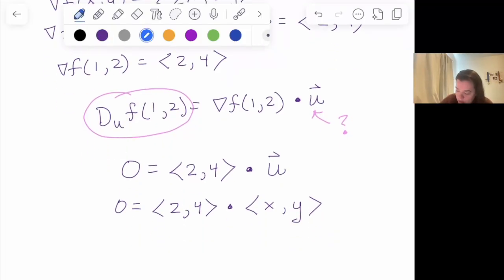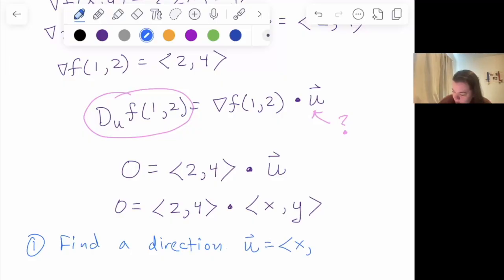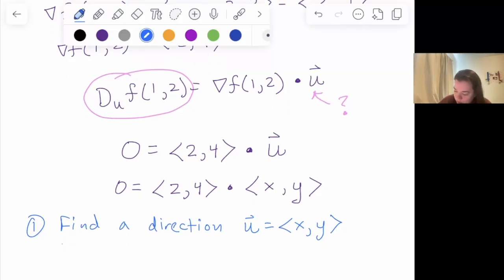So your first thing is to find a direction u in the form of a vector. Your job is to find this direction that results in a 0 slope. So first thing we're going to do is just find any direction that works.